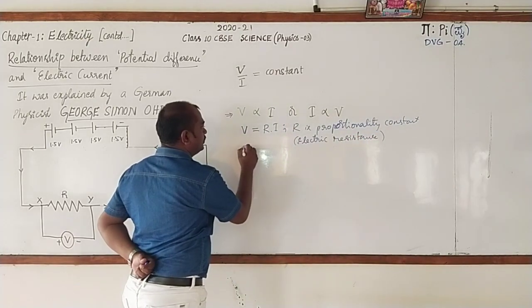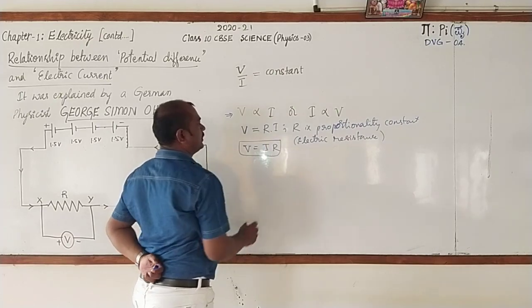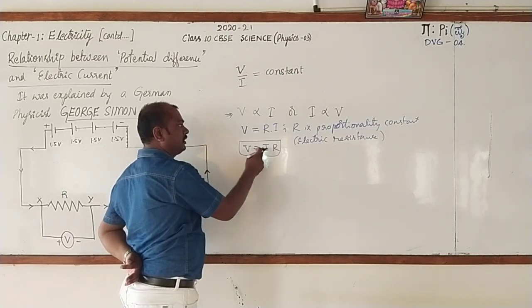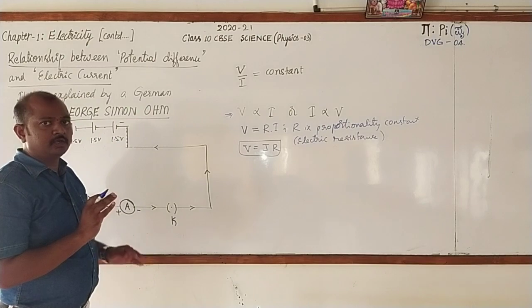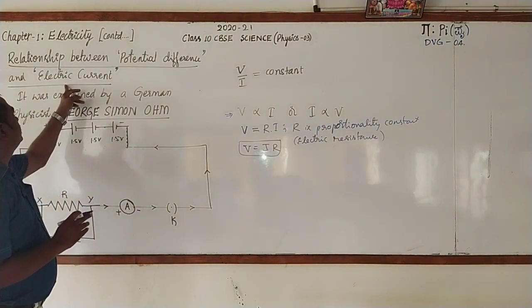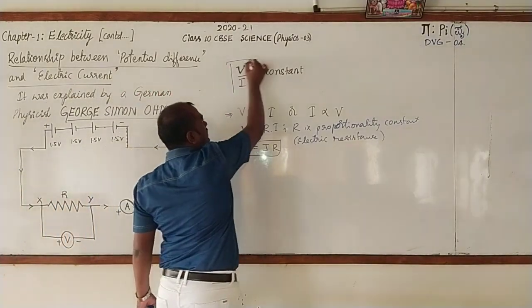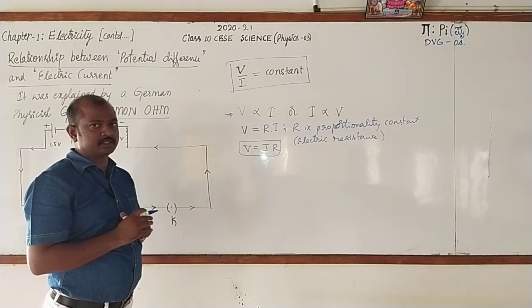So V is equal to I into R. You can also write R equal to V by I, or I is equal to V by R. Understood? So the relationship between potential difference and electric current is that V by I is constant, and we have taken the constant as electric resistance.